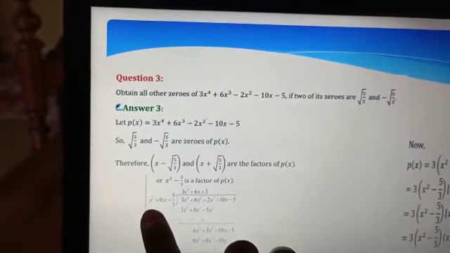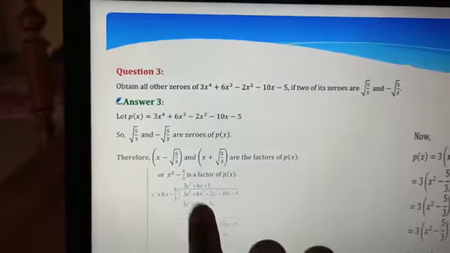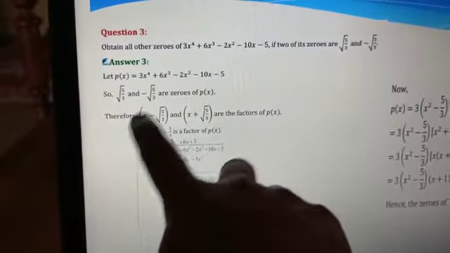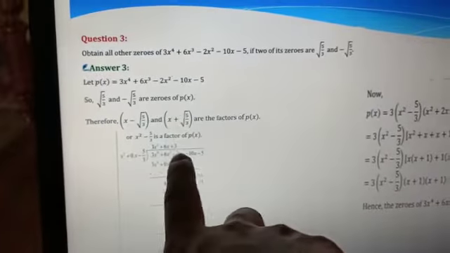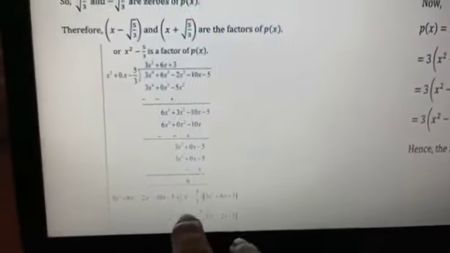Using this as a divisor and the given polynomial as the dividend, divide it, you will get the remainder as 0. You will get this 3x square plus 6x plus 3 on top. So this you can further do prime factorization and find out the remaining two zeros.